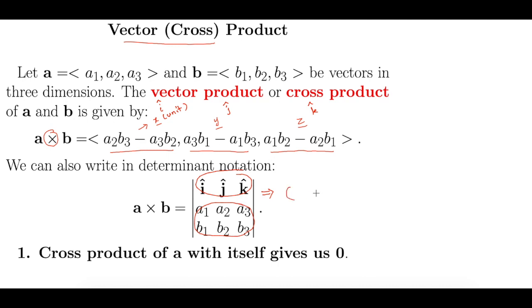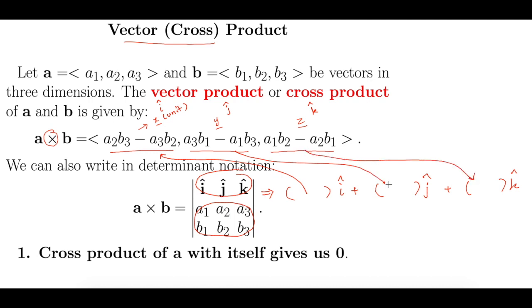So we'll get something I plus something J plus something K, and this one is equal to this, and this is equal to this, and this is equal to this. This is what we are trying to say here. If you expand it, the best way is to expand using the first row.